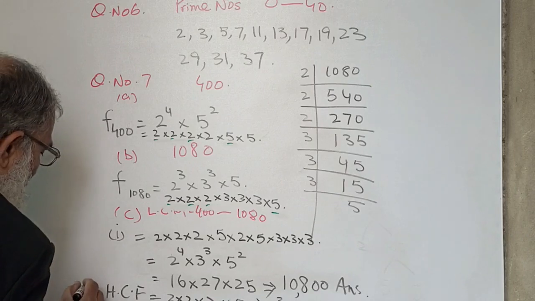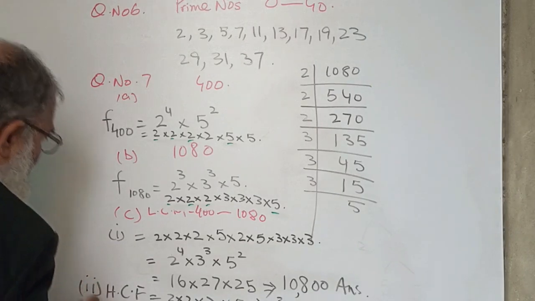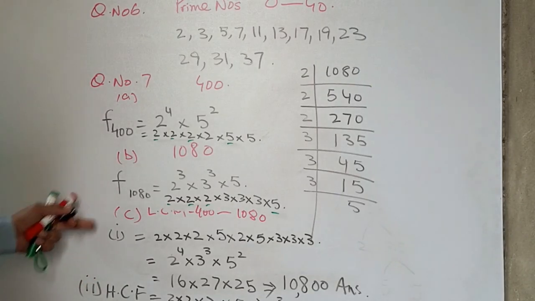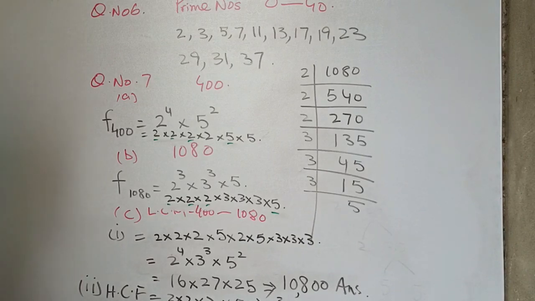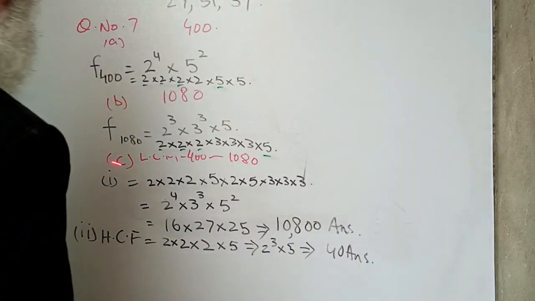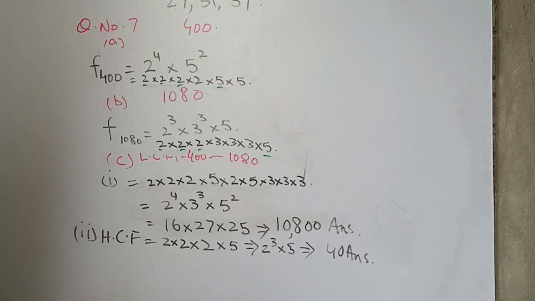Now this was part 2, sub part 2 of question number 7, part C. So dear students, in question number 7, part C, sub part 2, we have to find the HCF of both the numbers, and those are 400 and 1080.